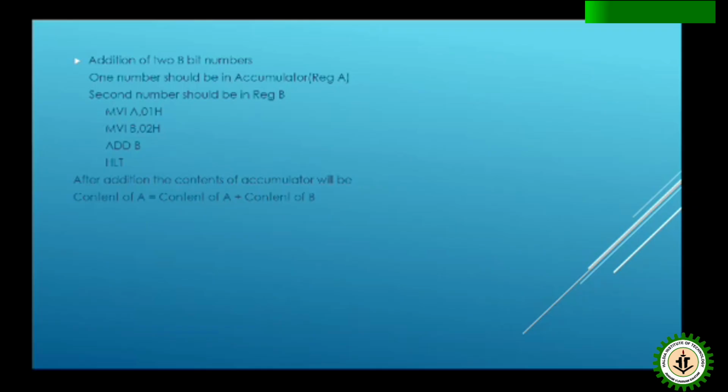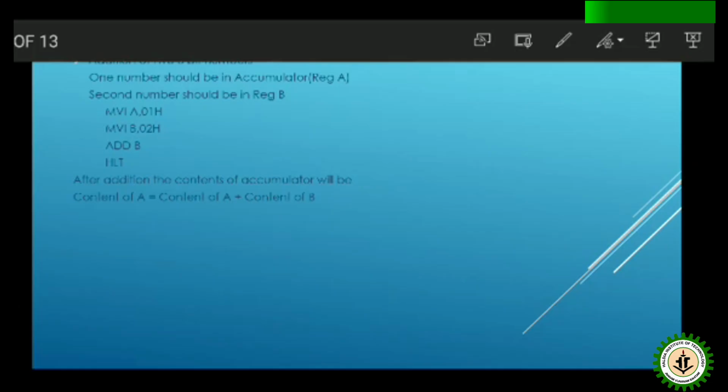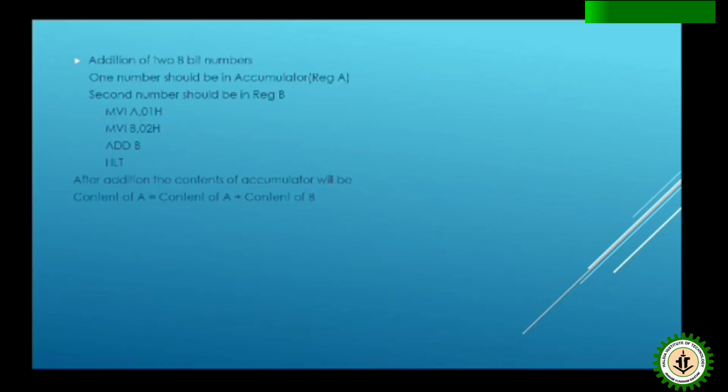HLT, halt, is a 1-byte instruction which indicates the end of a program. ADD B is also a 1-byte instruction. I want to add two numbers, a very simple program: 01H and 02H.